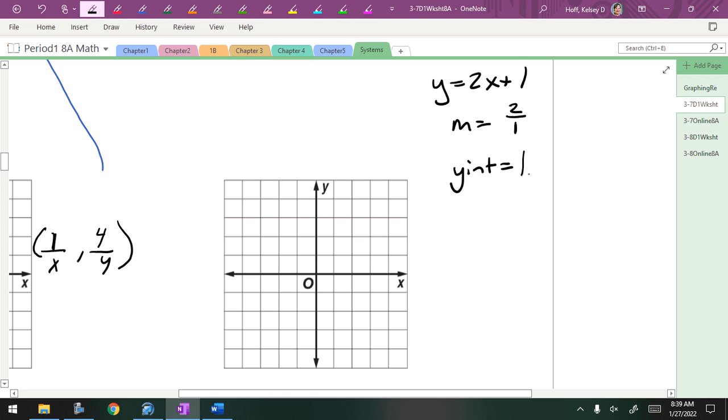Very good. Okay. So to graph this, we start at 1. Put your dot at 1. And then what does your slope tell you to do? Up 2, right 1, up 2, right 1. I have space for all 3 of those. Take your ruler, connect those dots.